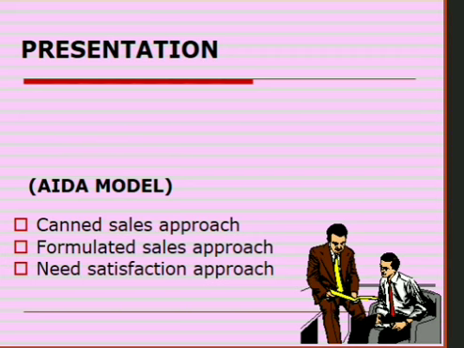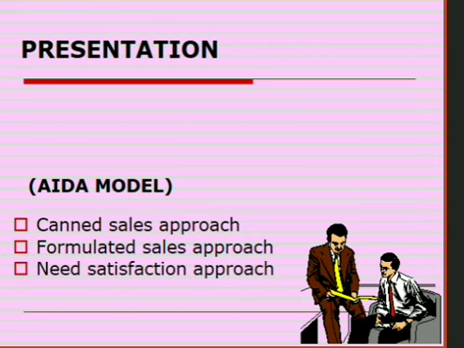First, the canned sales approach. In this approach, the salesperson delivers a memorized talk to the customers. The salesperson delivers the same message to all the customers. This method is useful for products that are not too technical in nature. The second approach is the formulated approach.